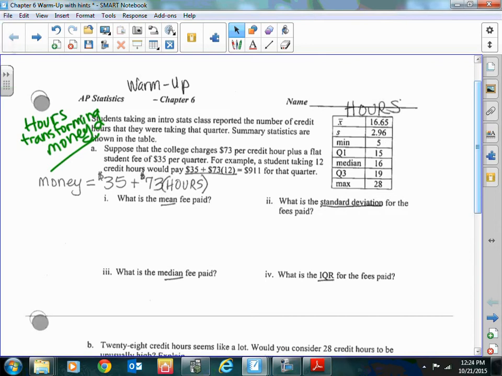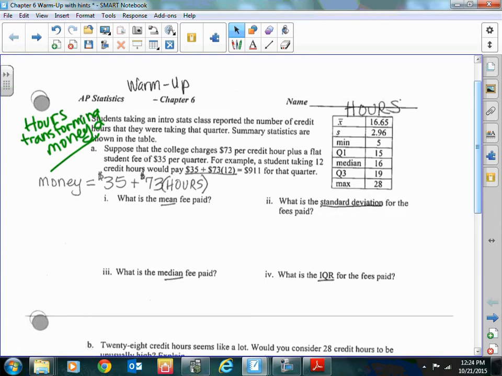These students were taking an average of 16.65 hours that semester, with standard deviation, median, and so on. Well, this college wants to transform this data into money and see what the mean, the median, the standard deviation and all those things are for money.